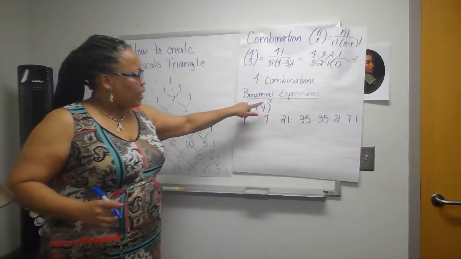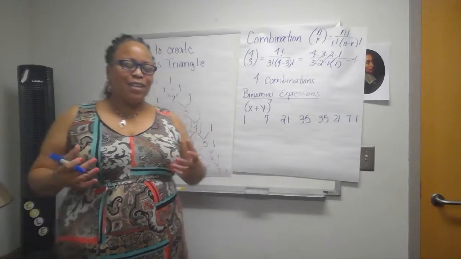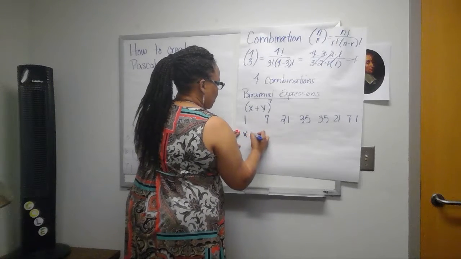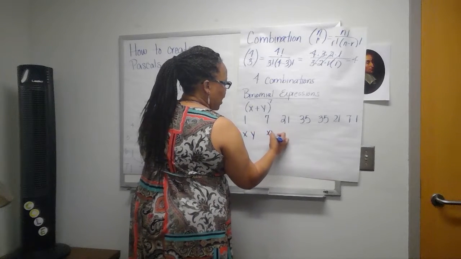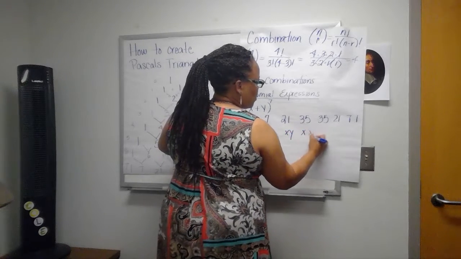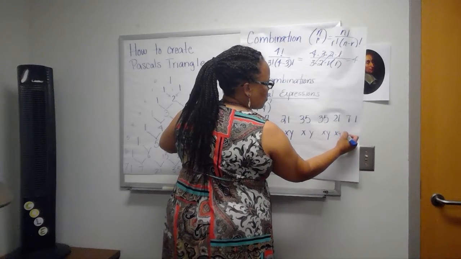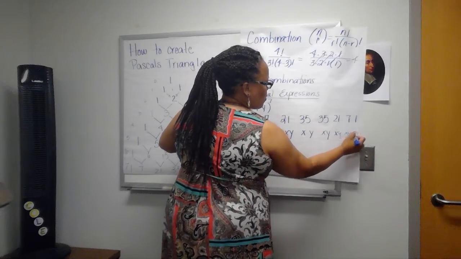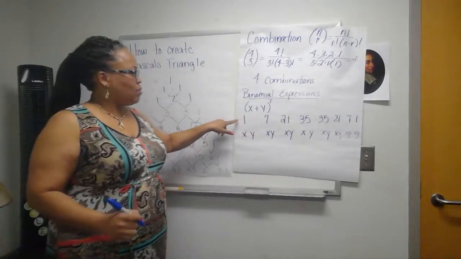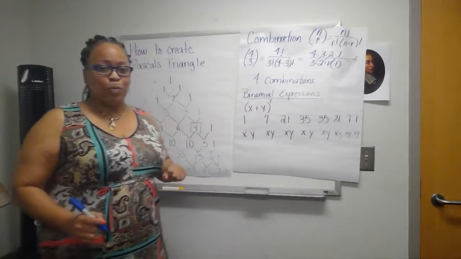Not only do they go along with the coefficients, you then now look at your x and y terms. And you would have 1 for each coefficient. So therefore there are 8 terms for the 7th row.